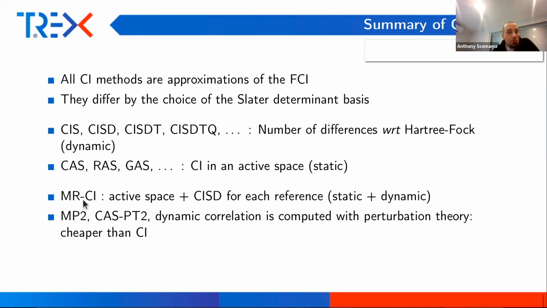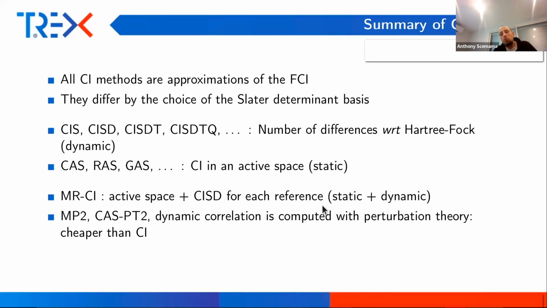This is what we call a multi-reference CI. So you have an active space, and then you do all the singles and doubles on top of this wave function. It's a way to introduce both static and dynamic correlation. But you see that if you do it, you have the problem that you have with CISD, that you will not be size consistent. The size consistency error will be small, but nevertheless, it will introduce a small error like this.